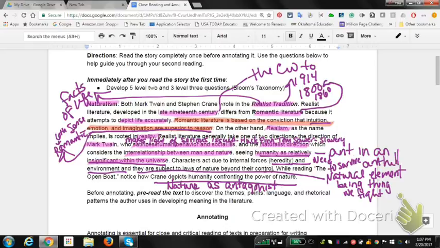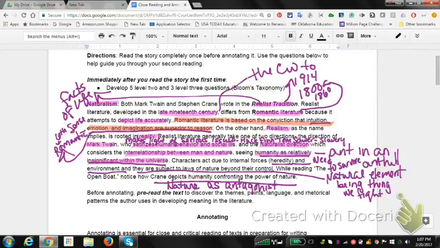Authors that are famous for this, Mark Twain, who satirizes human behavior, social ills. He makes light of serious issues. Huckleberry Finn and Tom Sawyer, dealing with slavery, is an example. The naturalist direction considers the interrelationship between man and nature. Humanity as relatively insignificant within the universe, kind of like an ant in an anthill.